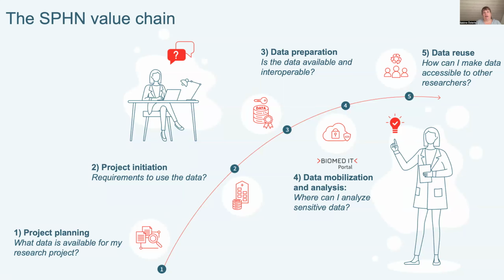Then you initiate the project: you apply for funding, set up legal agreements with the different institutions who share the data, and you may seek an ethics approval. When all of this is set, the work really starts.